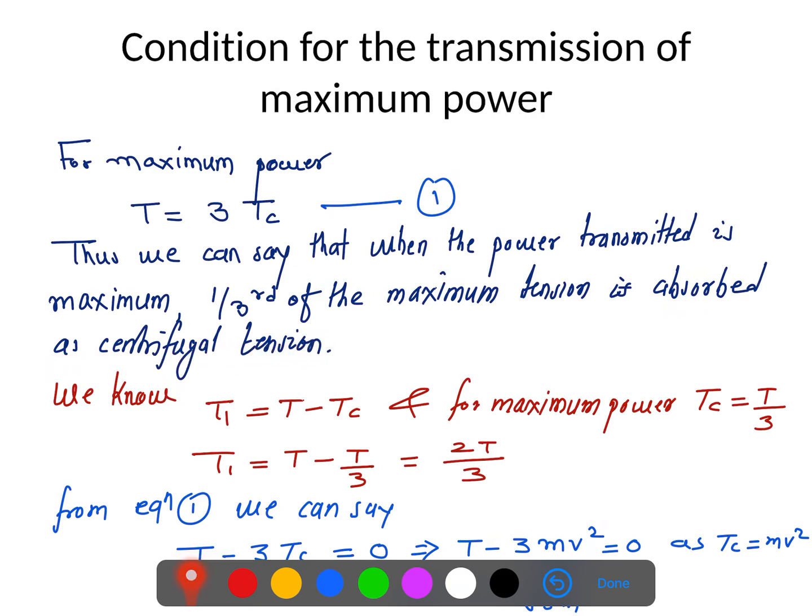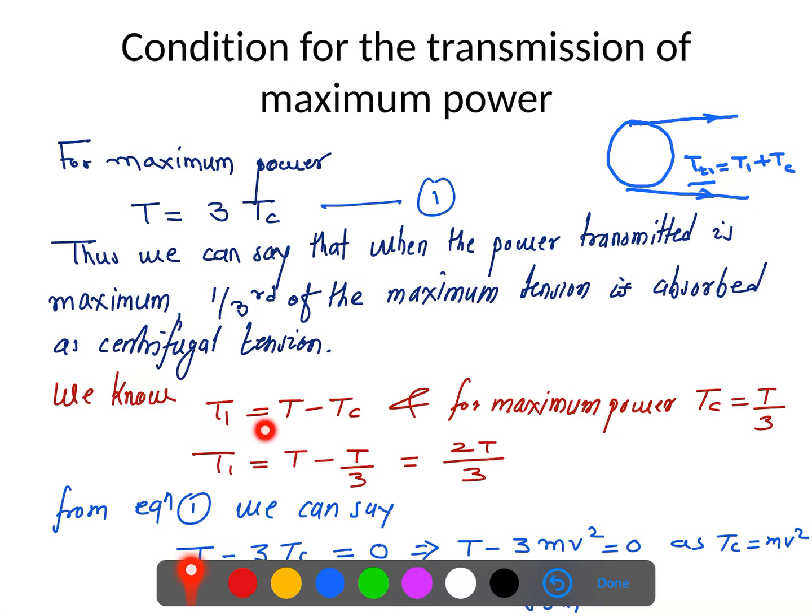So in a belt drive, whenever the maximum forces are being transmitted, the tension developed in the tight side, which will be equal to Tt1, is equal to T1 plus Tc, and if this is the maximum tension, then 1/3 of this Tt1 is the centrifugal tension.